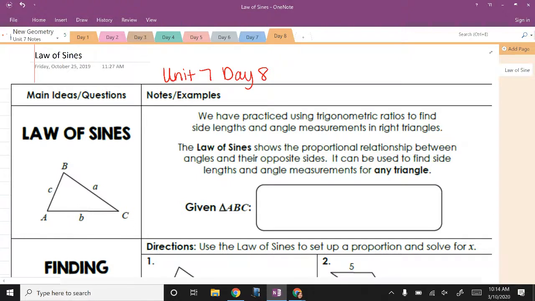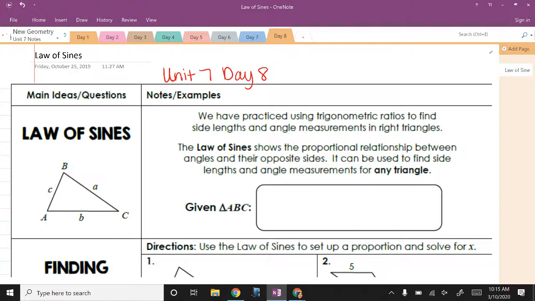Do you see how little a, the side for segment BC, is across from angle A, and little b is across from angle B, and little c is across from angle C? That's going to be important to the law of sines.